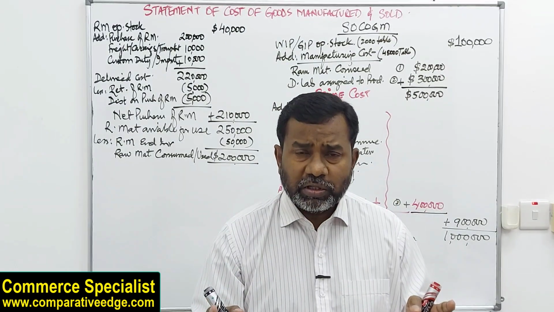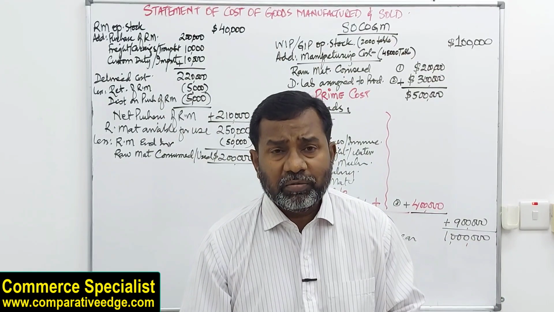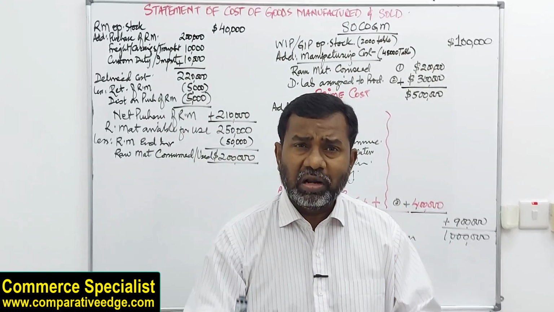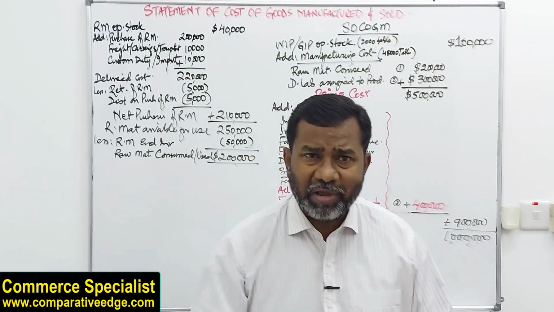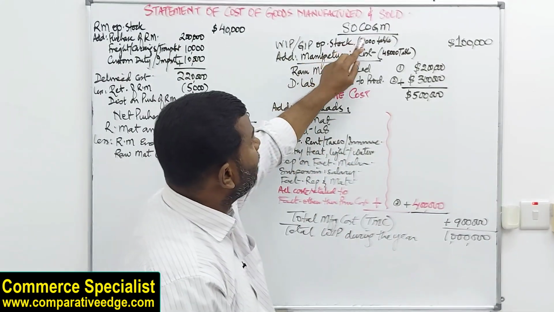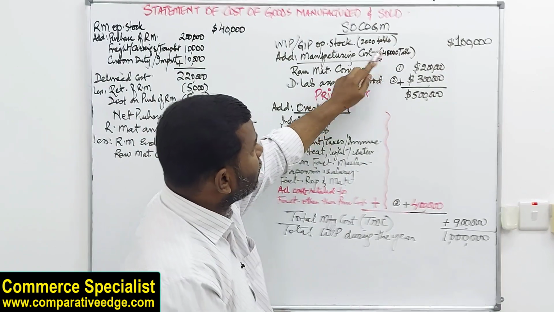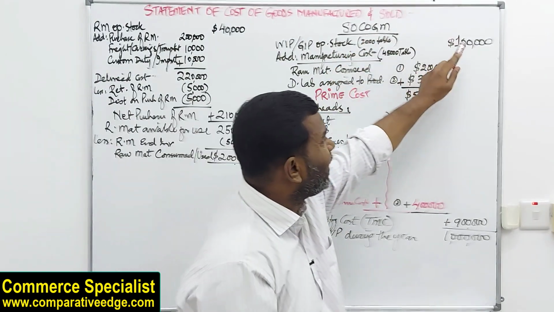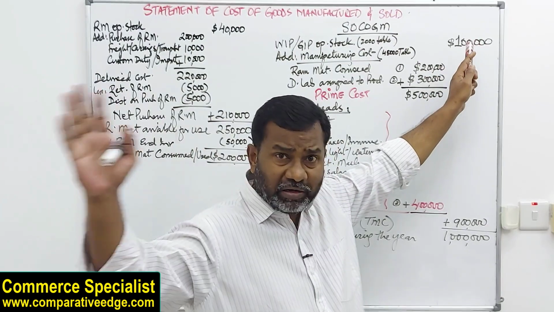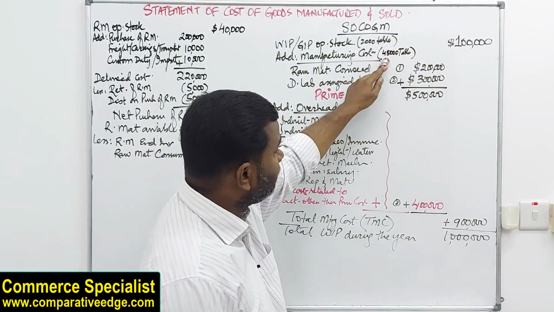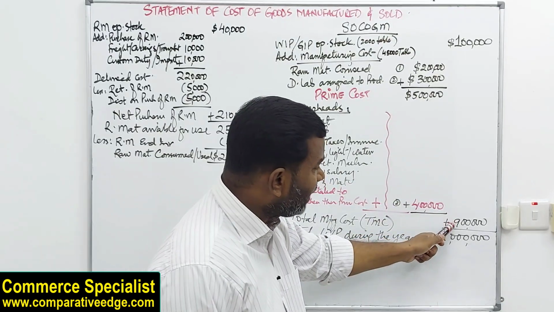Total goods in process during the year or total work in process during the year means how much cost has been incurred so far on all the tables which we are making, which includes the 2,000 tables here and the 48,000 fresh order we have taken. So on 2,000 tables we have already spent 100,000, though we have spent last year, but already 100,000 has been spent, and on this 48,000 units we have already spent 900,000.